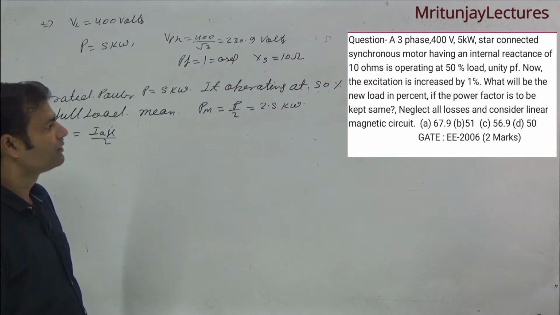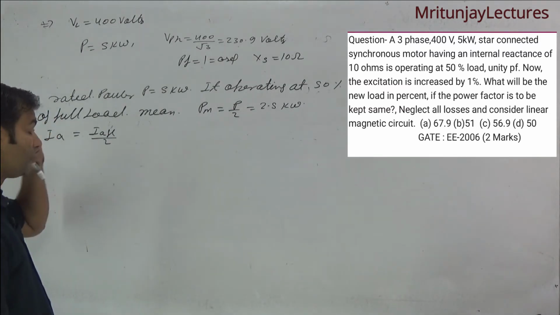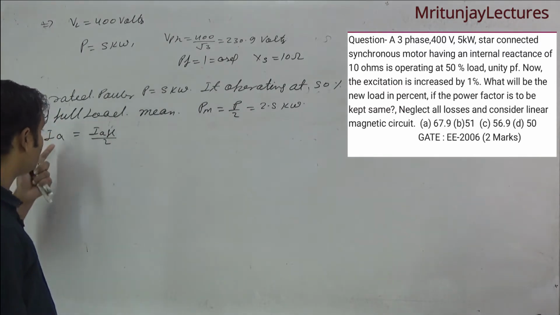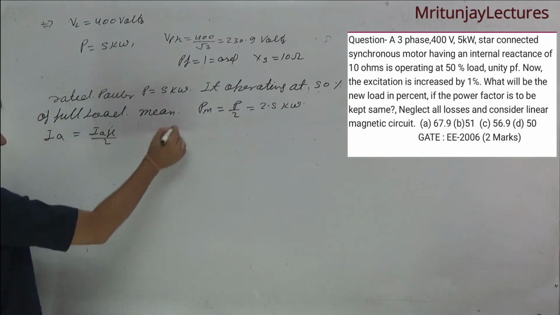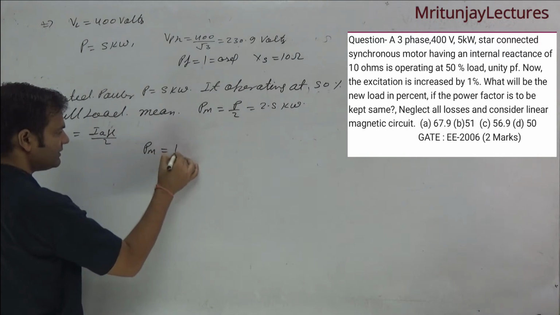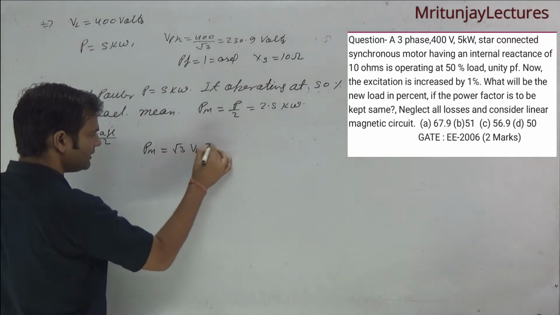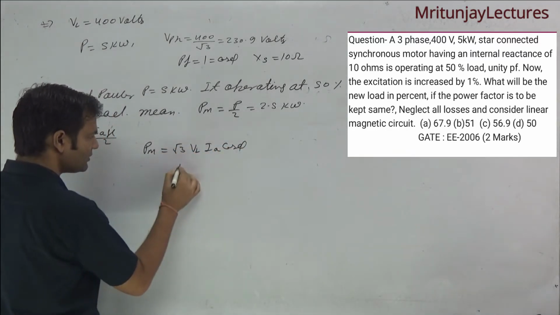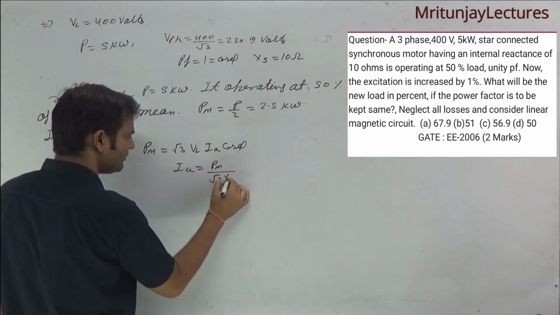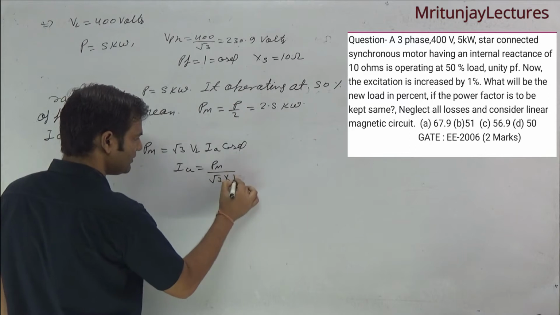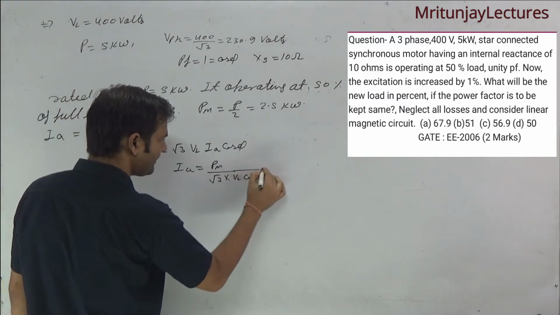Clear? Now our motto is to determine first of all IA. How to determine? PM is written as root 3 VL into IA into cos phi. So IA is PM by root 3 VL into cos phi.